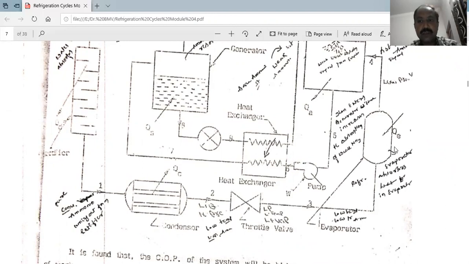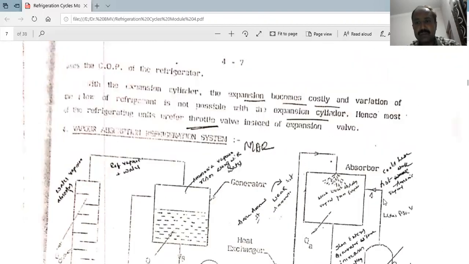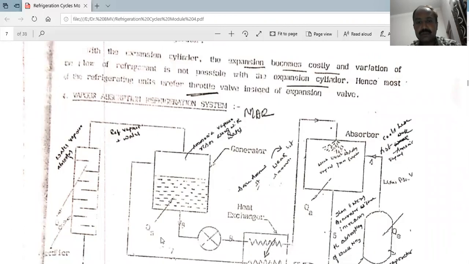Here the absorption takes place and it produces a cooling effect. The hot weak ammonia vapor is once again passed to the absorber. The weak ammonia solution goes from the generator through a valve and the heat exchanger to the absorber, where it is sprayed, a sprinkle type of spray. Here the hot weak ammonia coming from the evaporator mixes with it.